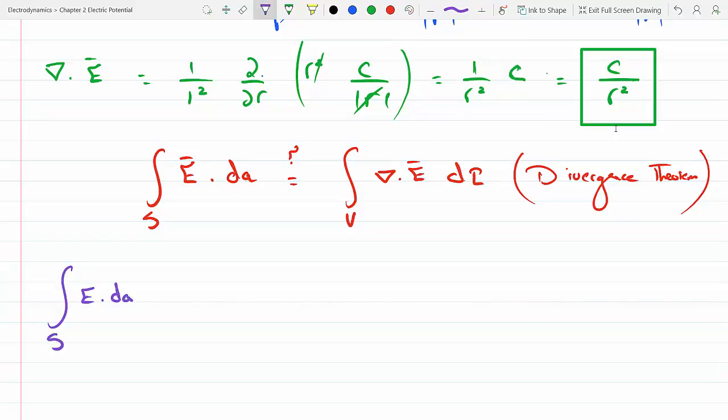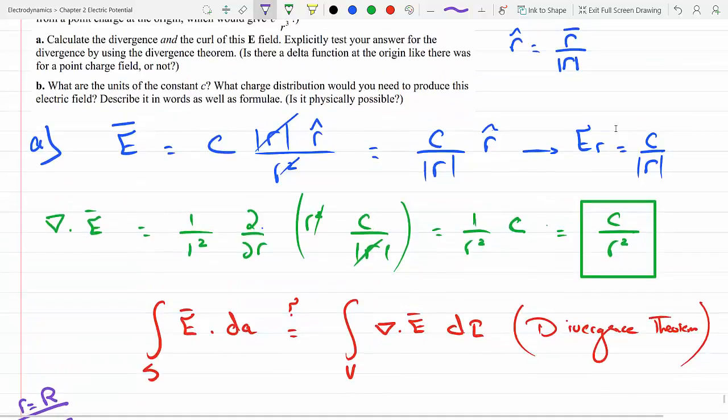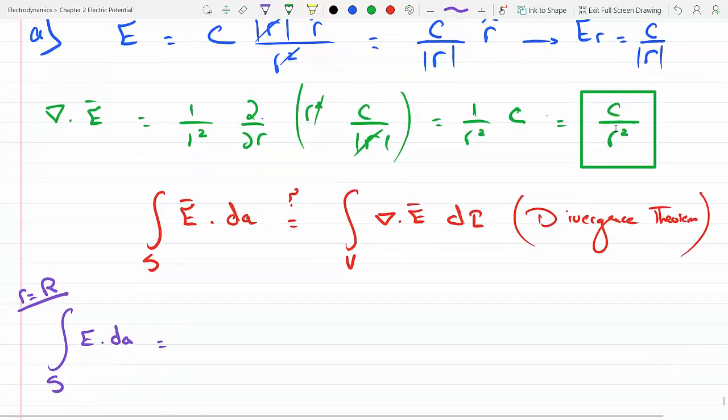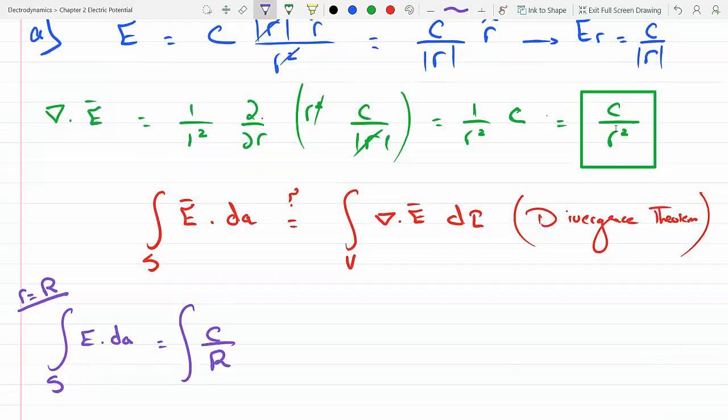This is on S, any surface. So if this is on the surface of a sphere, we know that r has to equal capital R. So what's E? It's c over R. We'll do a double integral.